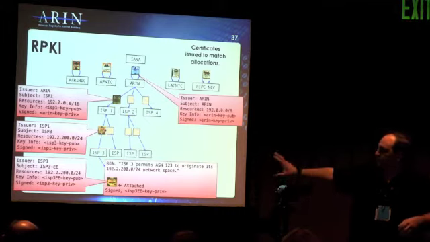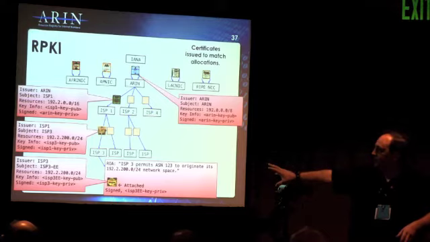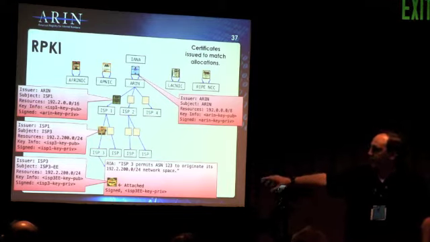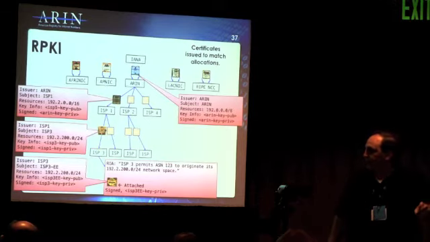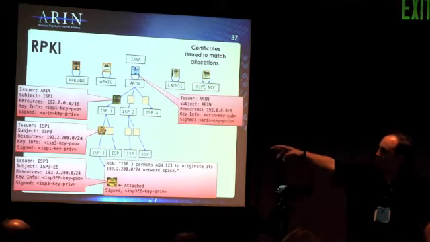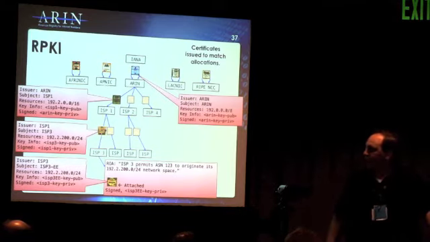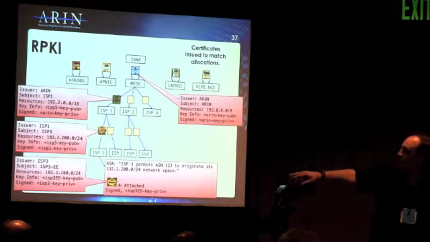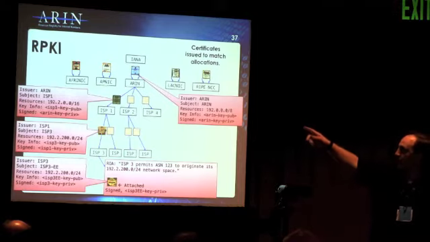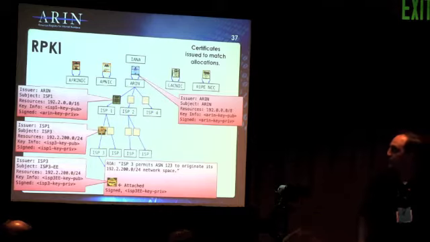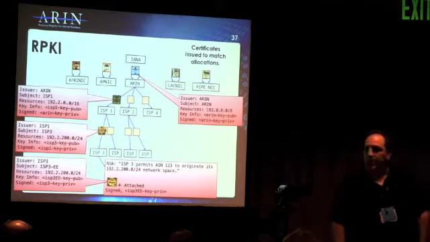And because of the format of the file that the ROA is published as, it has an end entity cert. The ROA is signed by the end entity cert, and then the end entity cert is signed by ISP3's actual cert. But you can follow this chain all the way up to the ARIN trust anchor, but it could just as easily be all the way up to APNIC's, RIPE's, LACNIC's, AFRINIC's.